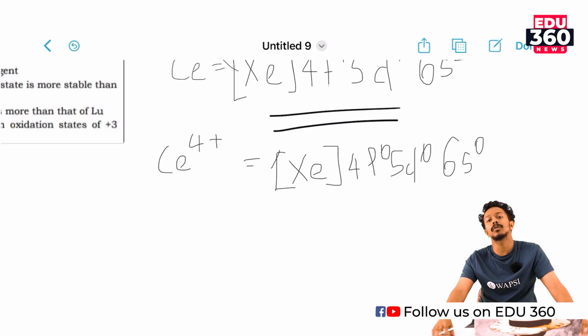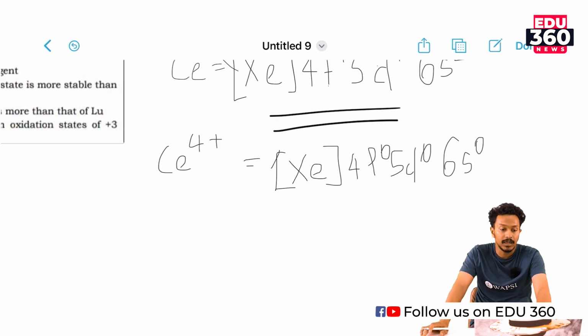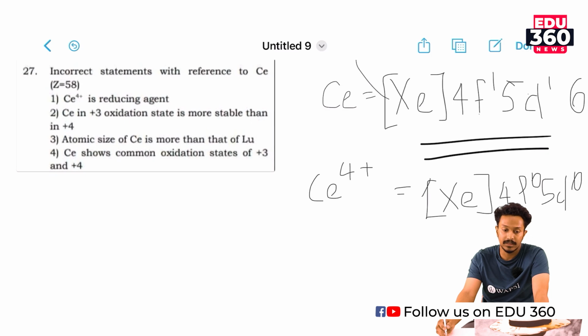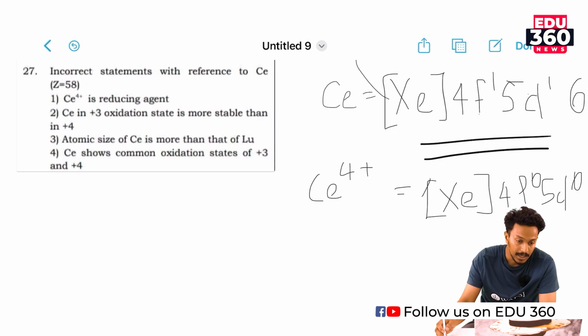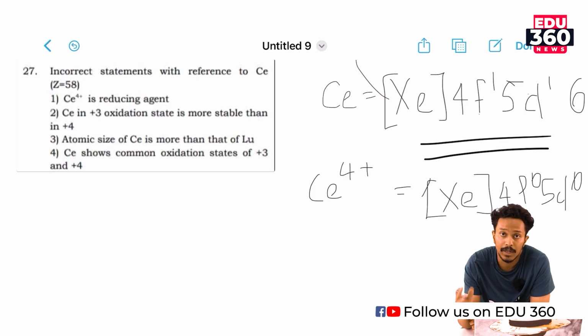There is nothing to reduce in this, there are no electrons at all, so this might only go oxidizing. So the incorrect statement is this one: Ce4+ is a reducing agent is an incorrect statement.